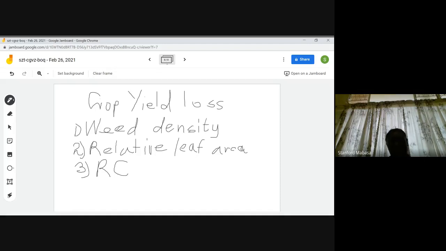I've seen some students who were very quick in using RC to estimate yield losses, and there were no differences from actually counting weeds. Counting weeds was very cumbersome compared to relative cover. So I just thought I needed to explain some of these concepts.